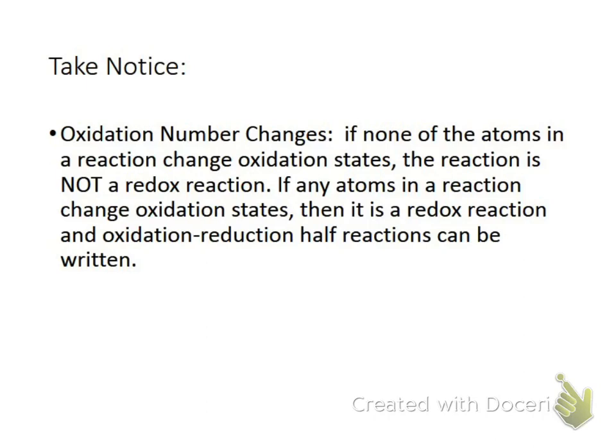Nothing changes its oxidation number. It stays all the same. A synthesis reaction is almost always a redox. Anytime you see a free element on one side and it is bound in a compound on the other, you can bet your bottom dollar that's a redox because it's going from 0 to something. So if it's got a free element on one side and not on the other, that's a redox. You can take that to the bank.